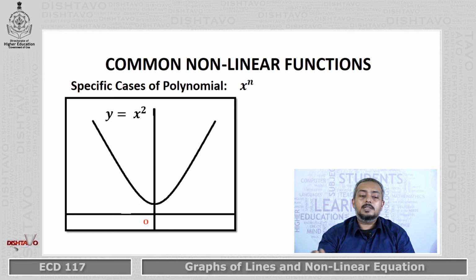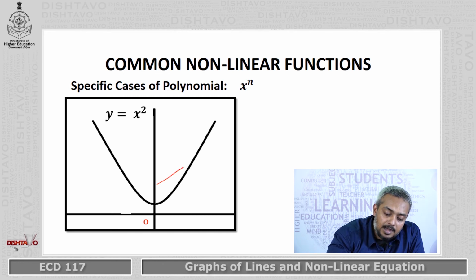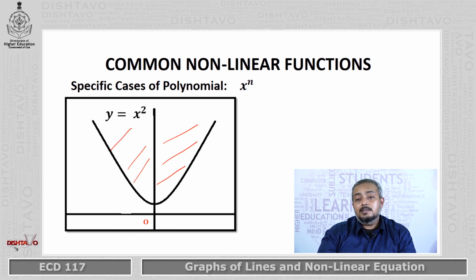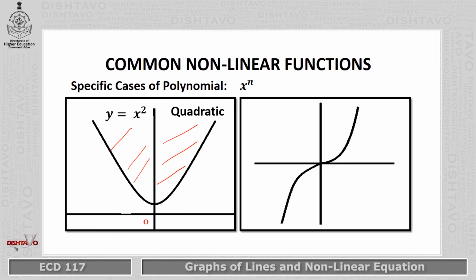And if you notice, the half on the right side is pretty much symmetric to the half on the left side. This is a very special case of a quadratic function in which y is equal to x squared. Now let's look at the cubic one. This is y is equal to x cubed, and you look at this particular curve and you know it is a cubic function. So these are the first two that we discussed, a quadratic and a cubic function.